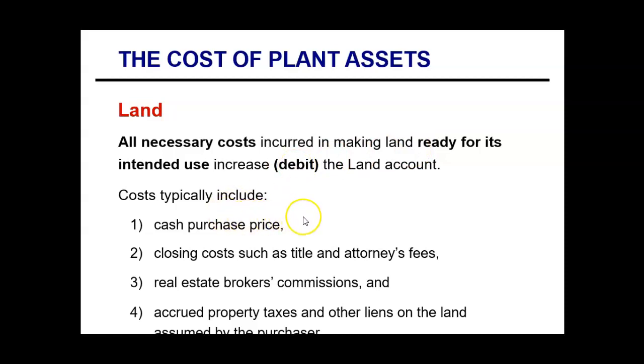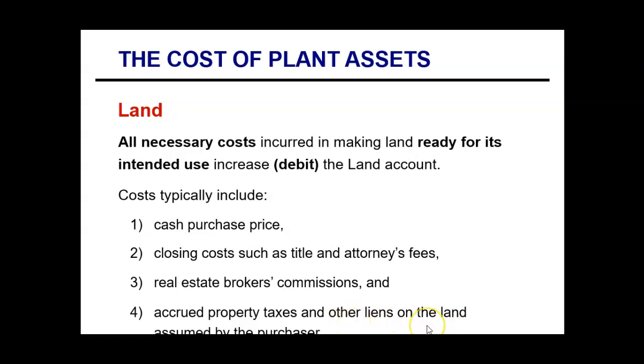That cost may include the purchase price of the land, any closing costs paid in order to acquire the land, any fee paid to the real estate brokers, and any accrued property taxes, meaning taxes that were owed on the land; those taxes have to be paid in order to acquire the property.